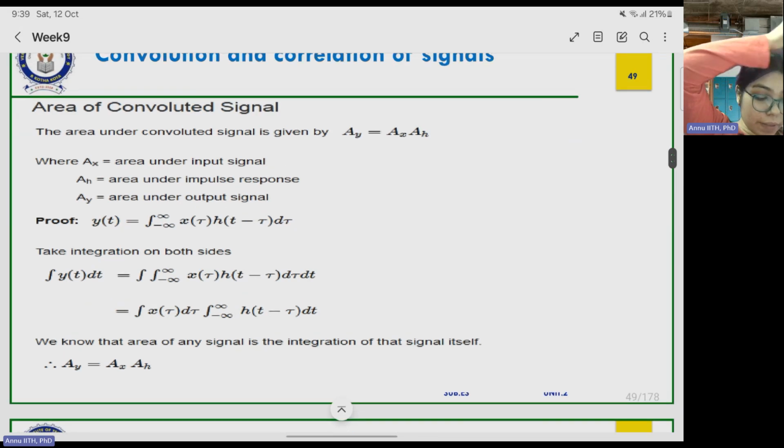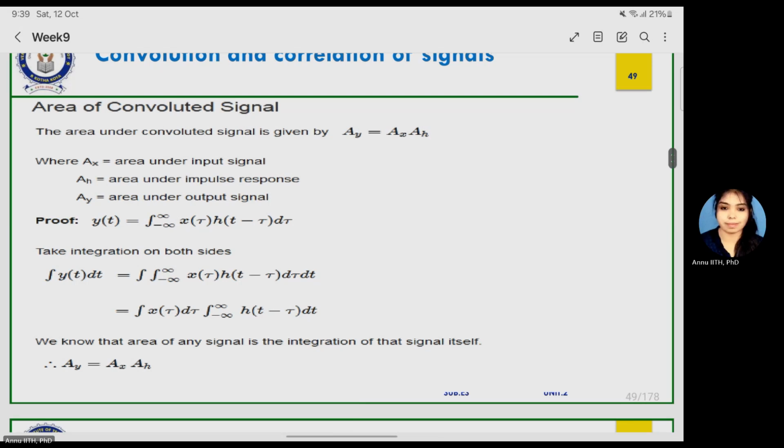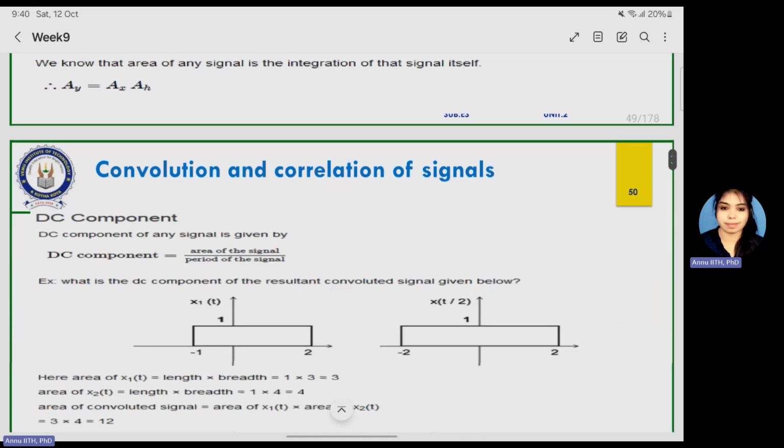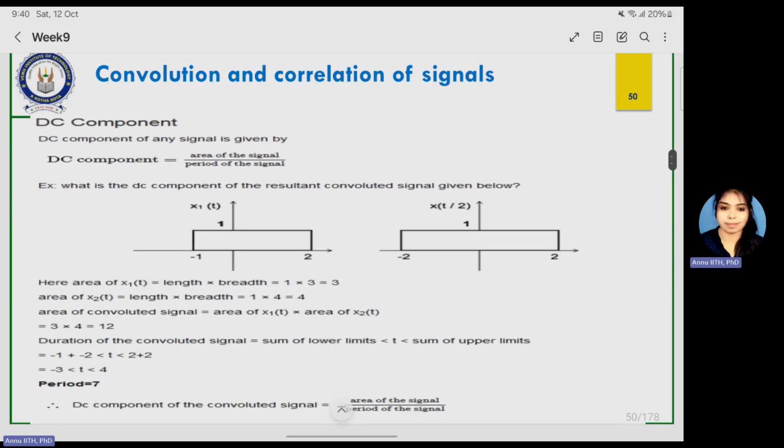We know that area of any signal is the integration of that signal itself. So here the DC component is area of the signal divided by the period of the signal. So there was a very good question on that. You can refer to this.